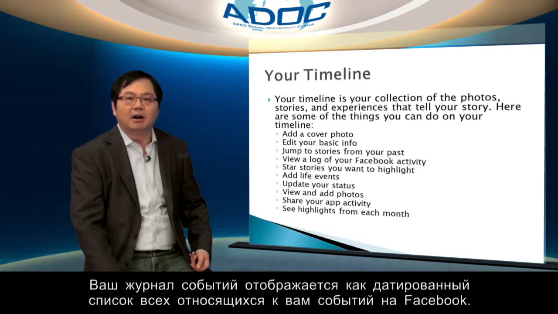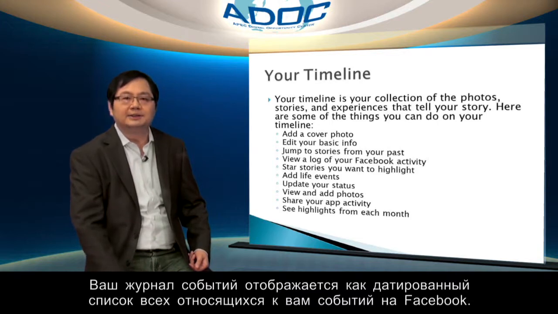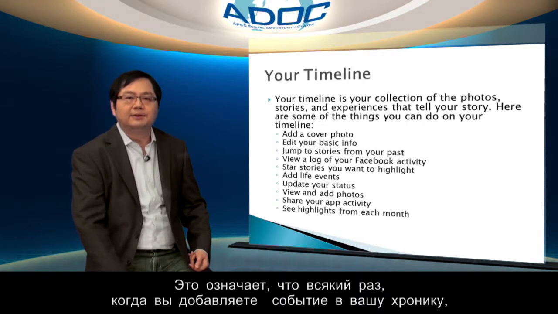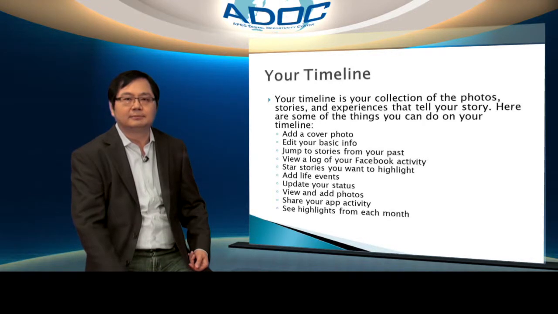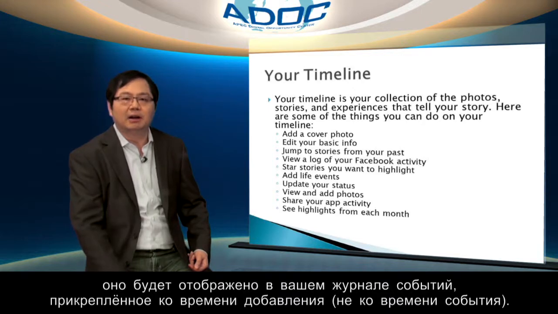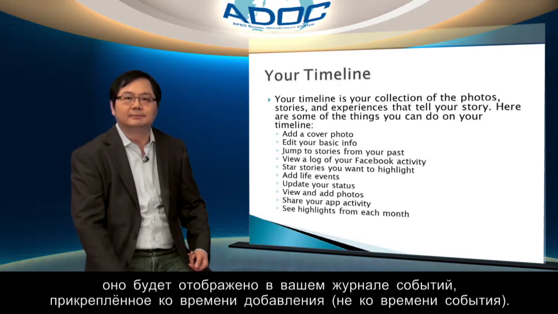Your activity log includes all your stories, organized by the date they happened on Facebook. This means when you add a live event to your timeline, it will show up in your activity log of the day you added it, not the day of the event itself.